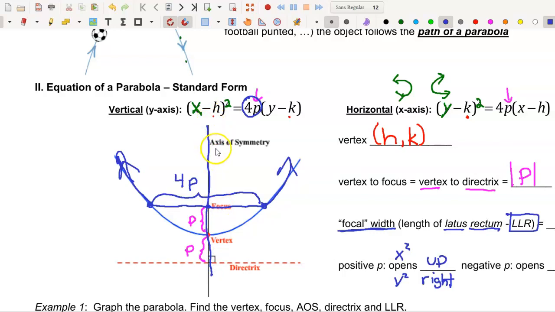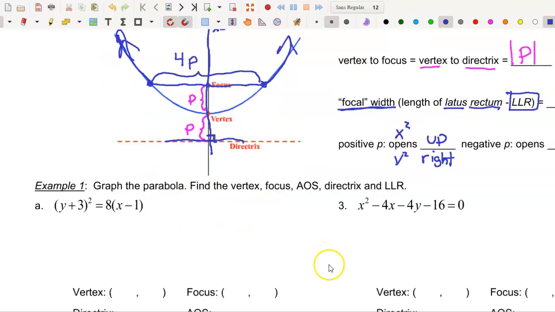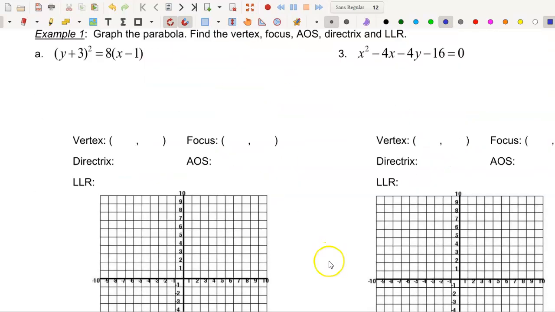So in this case, it's going to be an x equals because it's a vertical line. So in any given problem, if you're asked to find an axis of symmetry and a directrix, one has to be x equals, one has to be y equals, right? You're not going to have two vertical or two horizontal. They have to be perpendicular, so you have one of each every single time. All right, so let's go through and look at this one. So ask yourself, does this open up, down, or left, right?